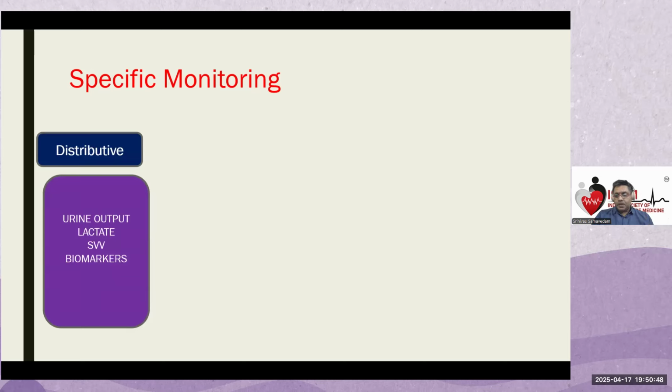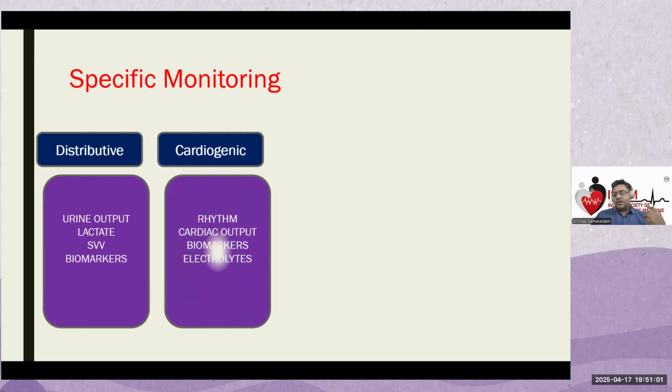Biomarkers like CRP and procalcitonin can help you to identify what type of infection you are dealing with and what is the response to your antimicrobial therapy. For cardiogenic shock, you probably have to look at serial ECGs to make sure the rhythm is under control, some kind of assessment of cardiac output with a PiCCO or even a pulmonary artery catheter.